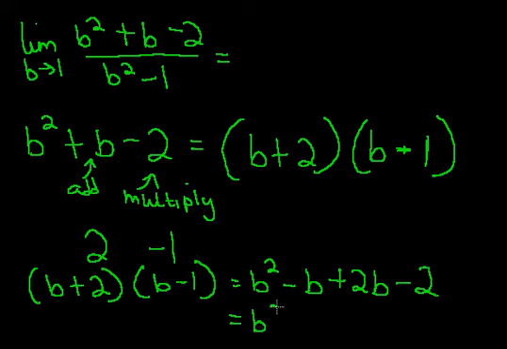And so this further reduces to b squared, minus b plus 2b is plus b, and then minus 2 is just a minus 2. And this looks exactly the same as this. It is exactly the same as that, so this is correct.